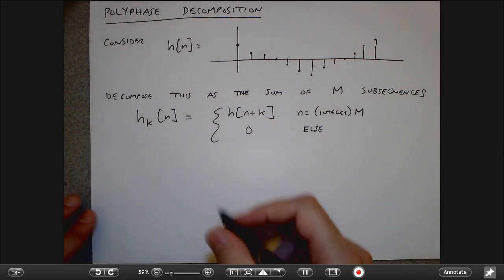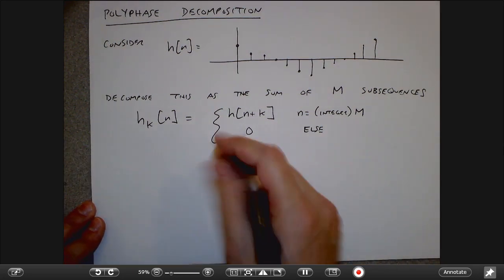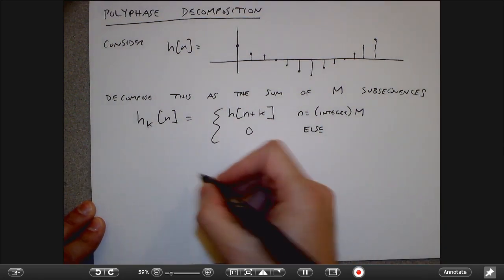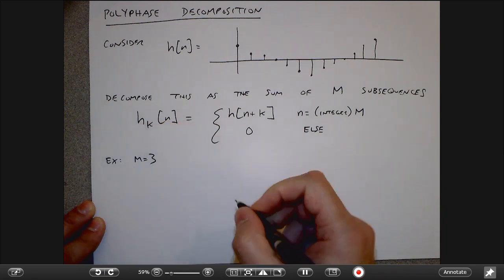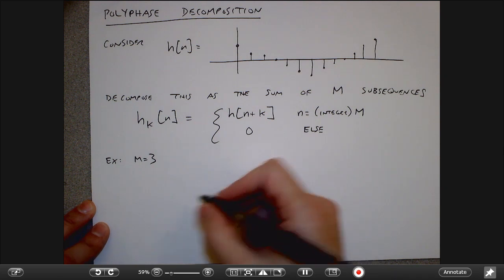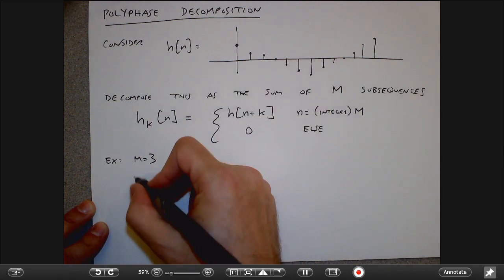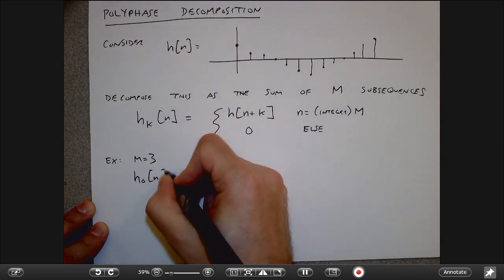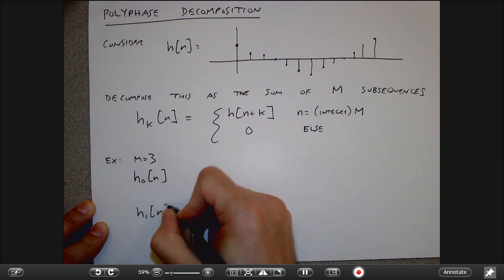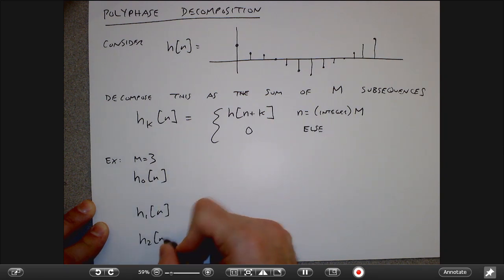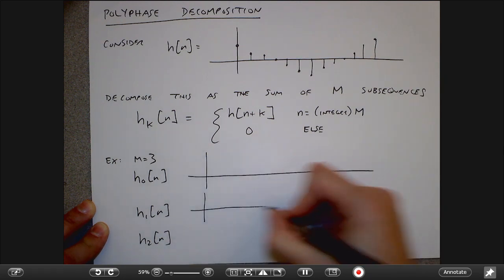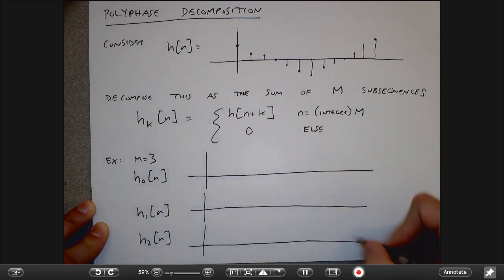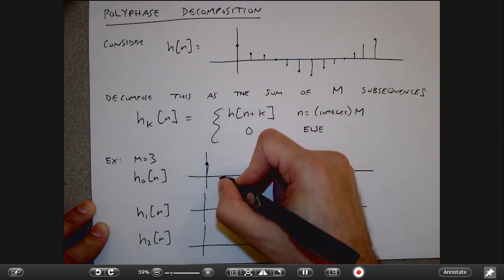Right? So all this means is, let's suppose that my m equals 3. What this is saying is, I am going to write this signal simply as the sum of 3 sequences, where the 0 one is just taking every third element starting at 0.